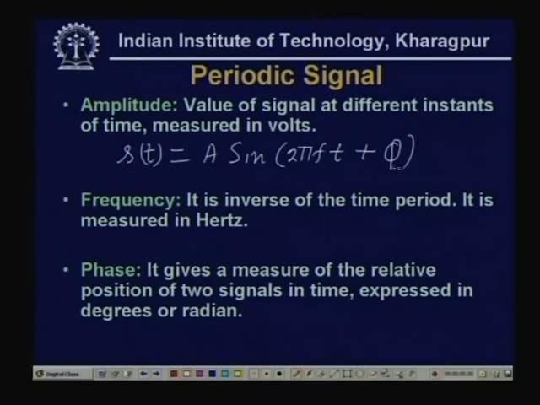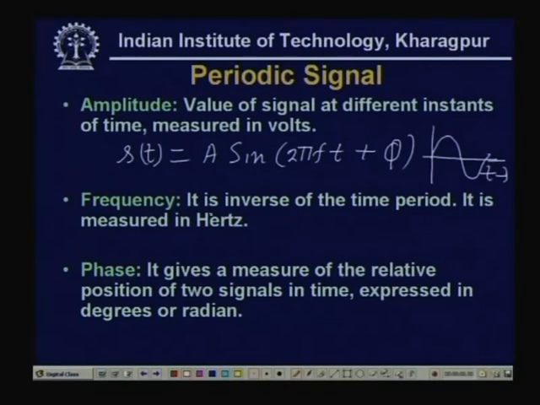This is the representation of a sine wave, and as you can see here, A is the peak amplitude, and obviously with time this amplitude varies. For example, as you have seen earlier, it varies like this. Although this is the peak amplitude, with time it is varying because of this factor multiplied with it. So, this is known as the amplitude varying with time.